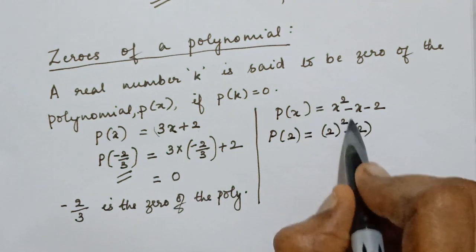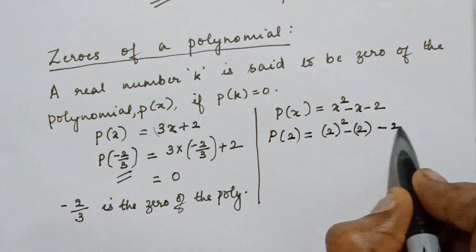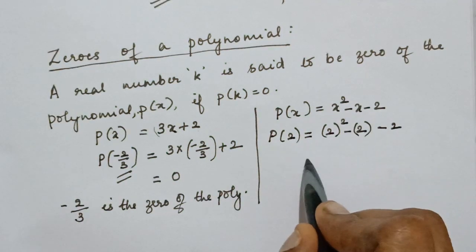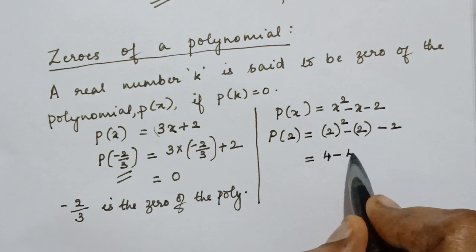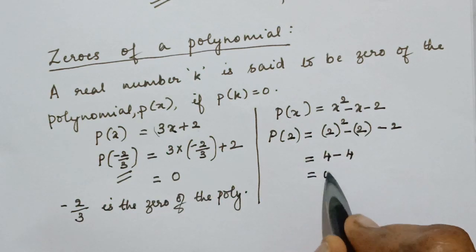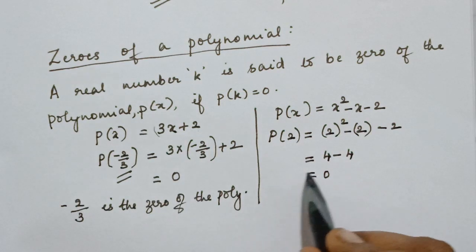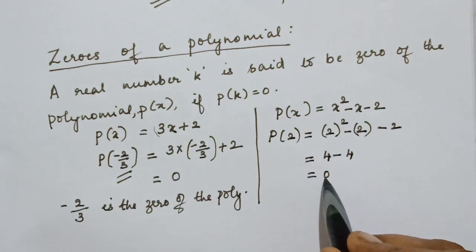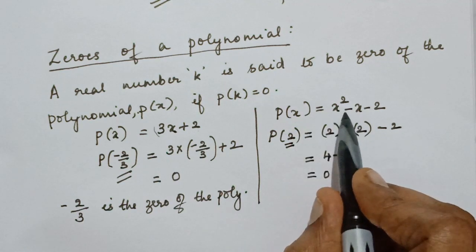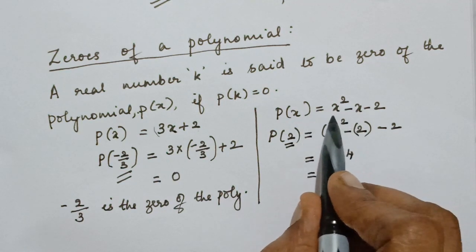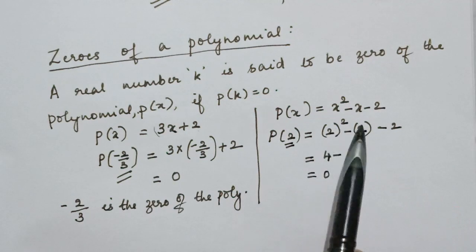Instead of x we have to write 2, and then this minus 2. So this becomes 4 minus 4, which is equal to 0. So from this we can understand that 2 is a zero of the polynomial x squared minus x minus 2.